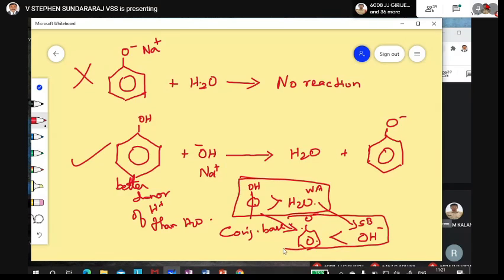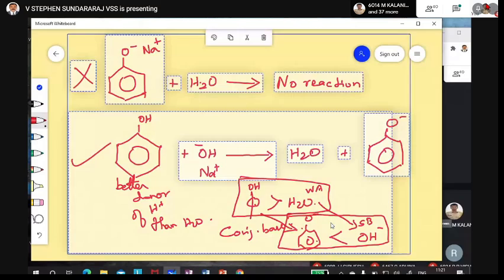This is only for phenol and water I am telling. Similarly, everywhere, if suppose acid A, acid B, and you know the acid order, then their conjugate base order is just the reverse, according to the Bronsted-Lowry conjugate acid-base concept. That's all. Okay, two points, remember.